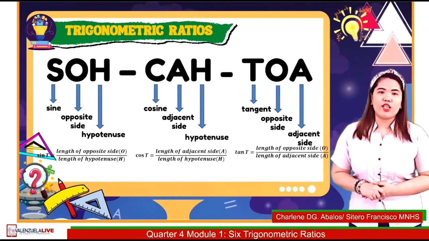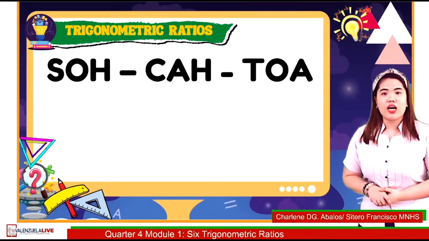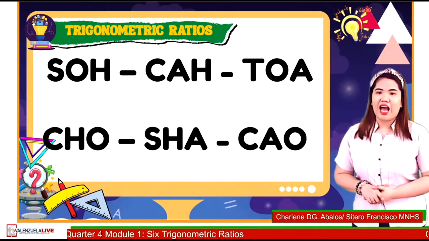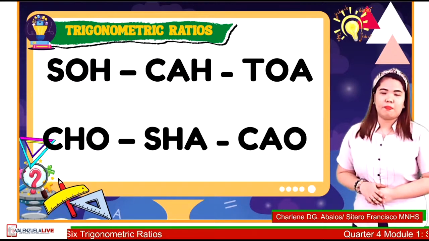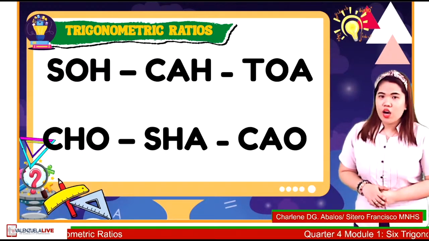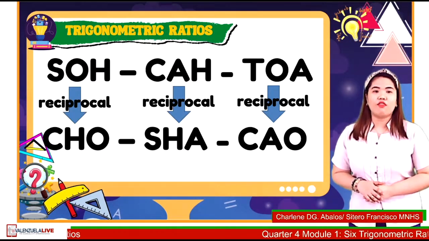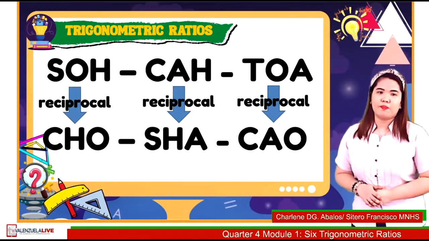On the other hand, we have the mnemonic CHARLENE as the reciprocal ratio of SOHCAHTOA. CHO is the reciprocal of sine ratio.